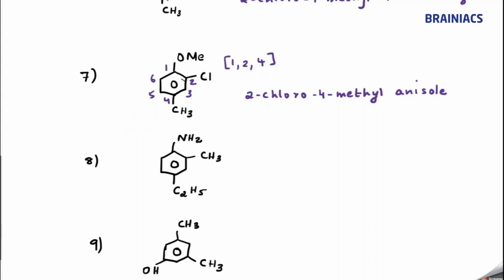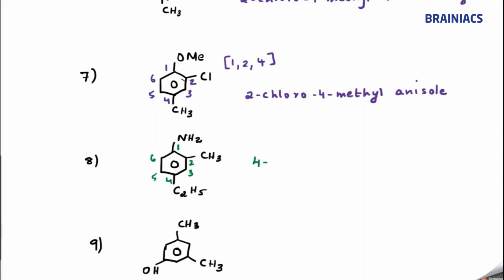Okay, let's take a new color. We'll do it. Now in the next question, you can see an NH2 group with the benzene. So it's a derivative of aniline because it's a functional group. So we will give the lowest possible number to this one, 2, 3, 4, 5, 6. So we know that at second position methyl, and at the fourth position you have ethyl. So alphabetically who will come first? Ethyl.